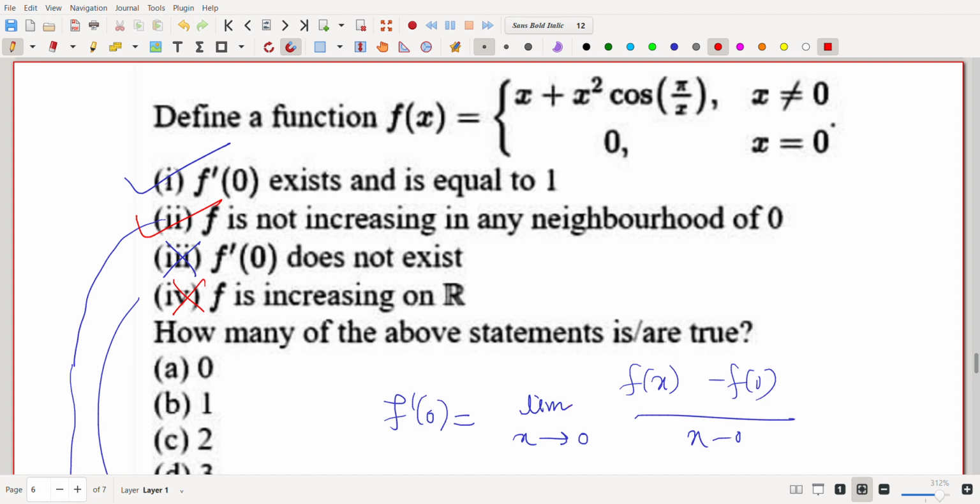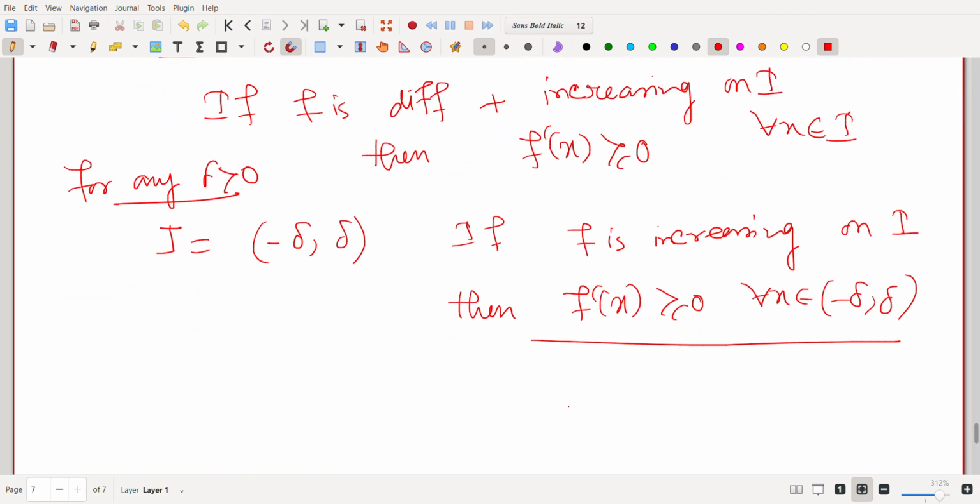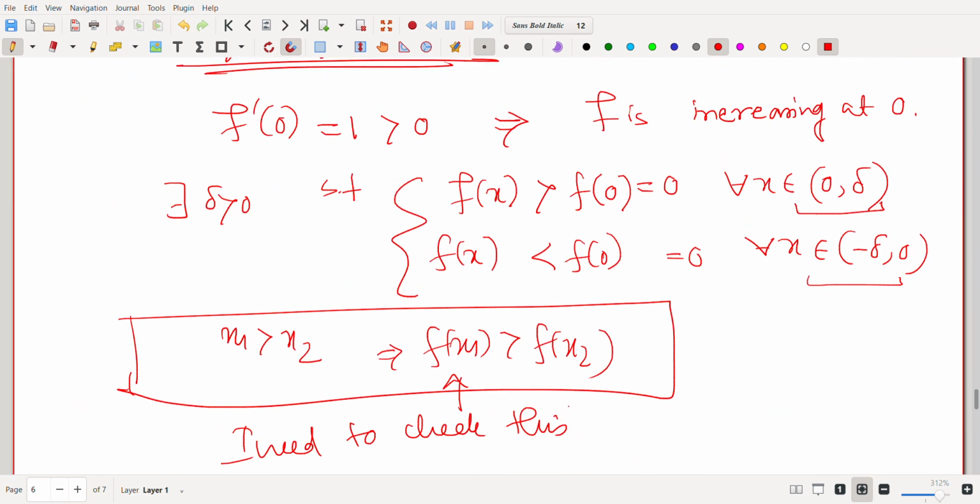That's why options 1 and 2 are correct and the other two options are false. But f is increasing at 0. f is not increasing in any neighborhood of 0, by the definition of a function being increasing on an interval, but f is increasing at 0.